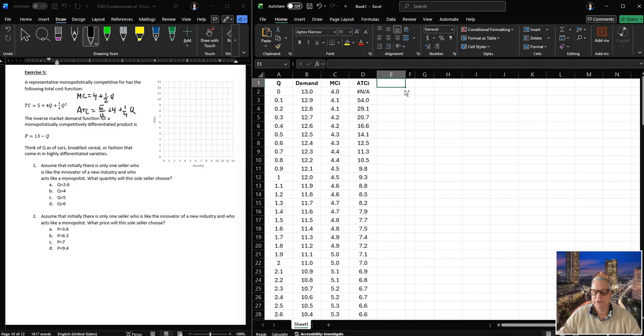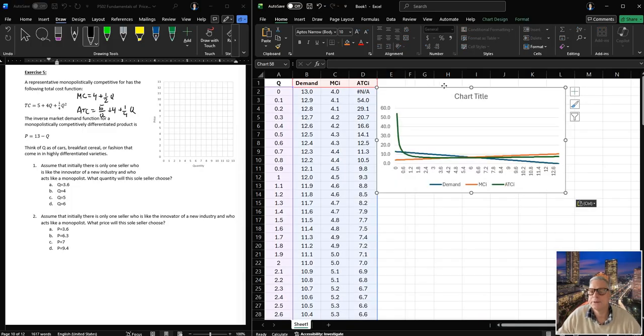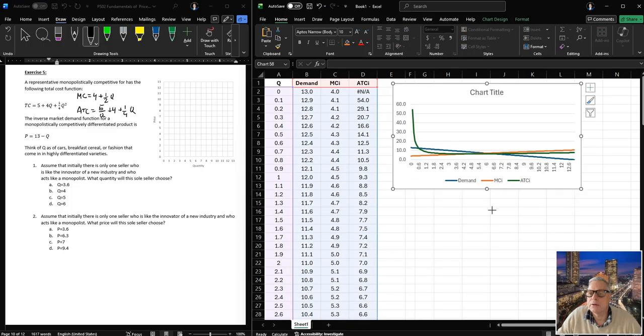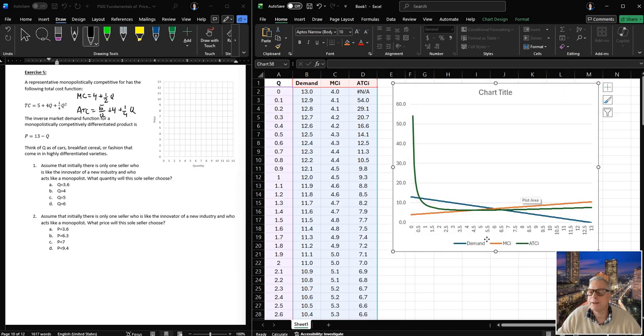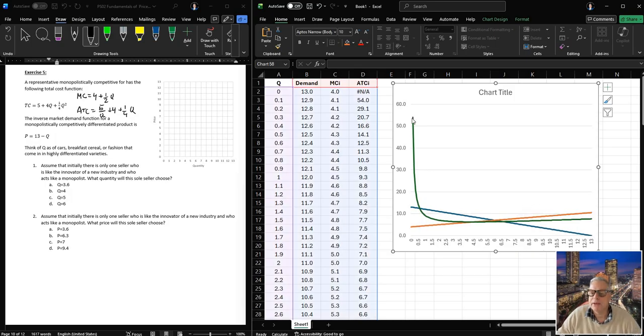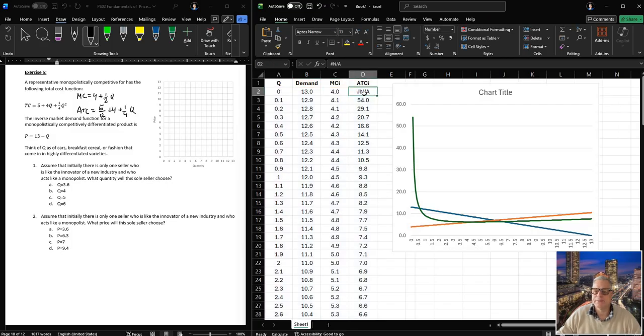One problem that we see here is we don't need a legend. And we have these high values of average total cost for those super small quantities. So let's eliminate those a little bit.